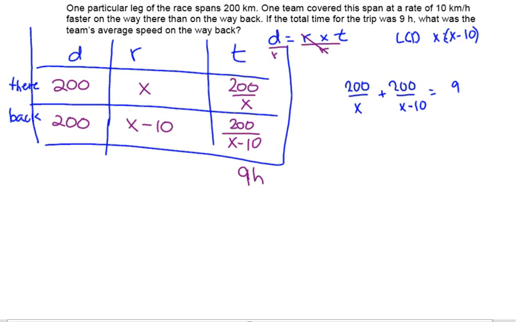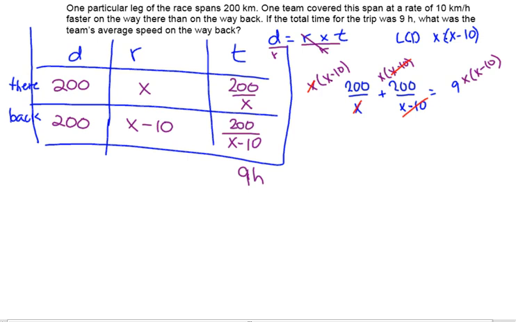So we're going to multiply each one of these by x times x minus 10. What are we left with here? What cancels? The x's are going to cancel here. x minus 10 will cancel here.